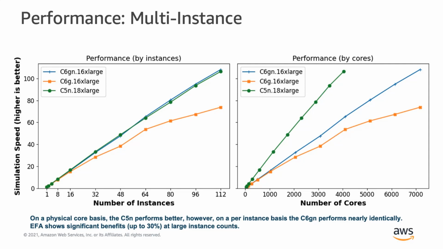But the part to keep in mind is that the C5N is a 2-socket platform, and each socket has 6 memory channels, versus the C6GN we talked about before. The cores aren't necessarily as performant, but we have more of them, and that particular socket only has 8 memory channels.